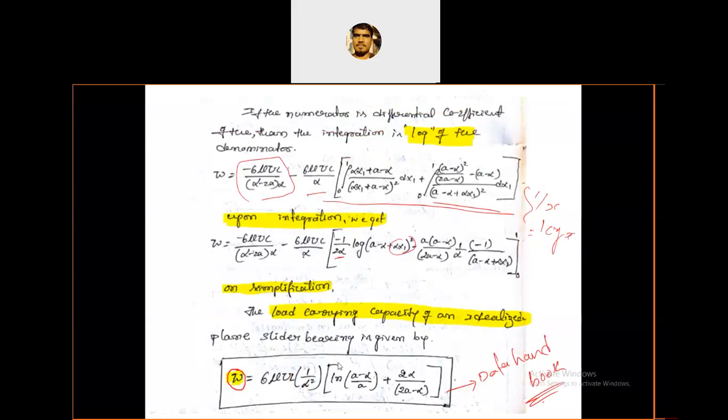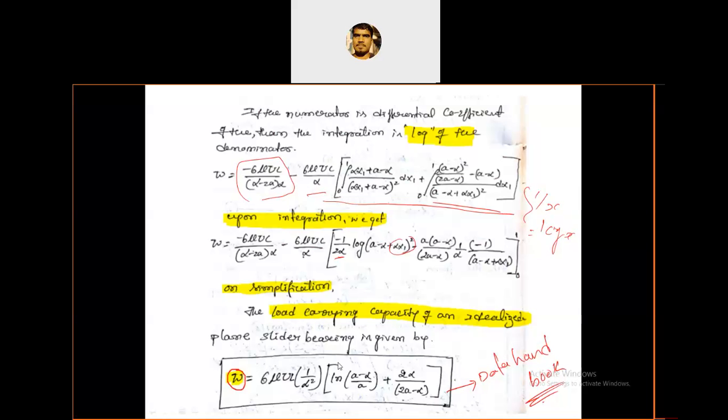This all depends on the quantity A. So the load can be taken as a quantity, mu U by P B, which is a dimensionless component.